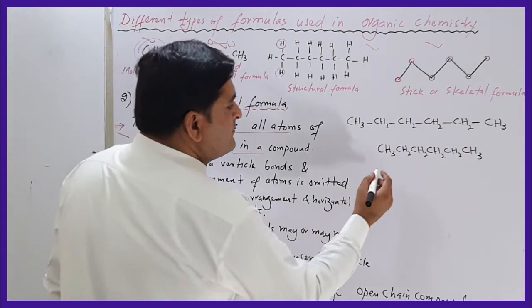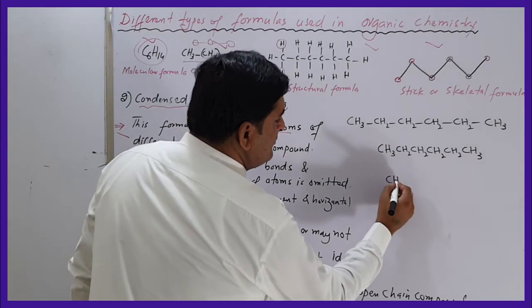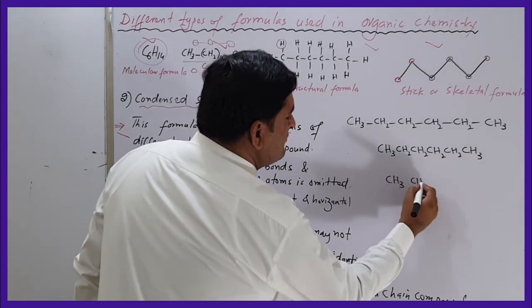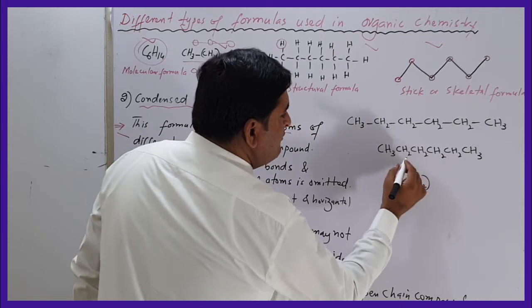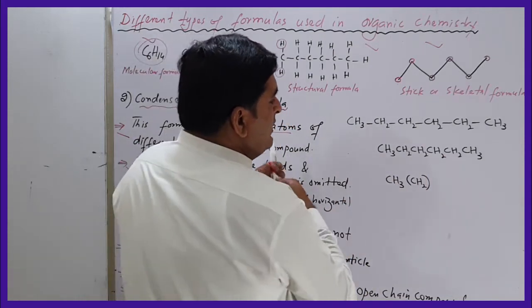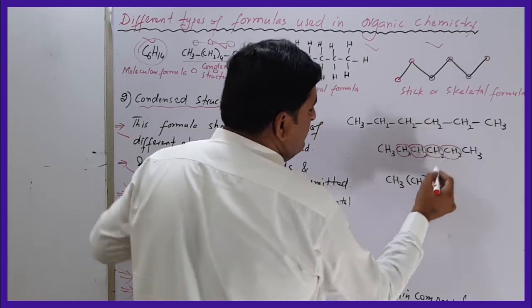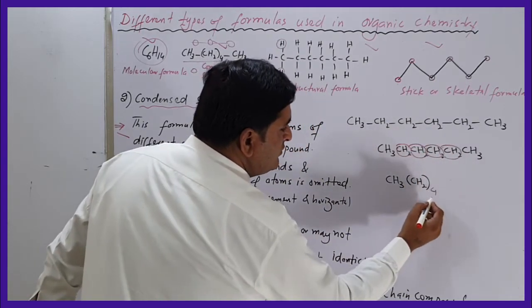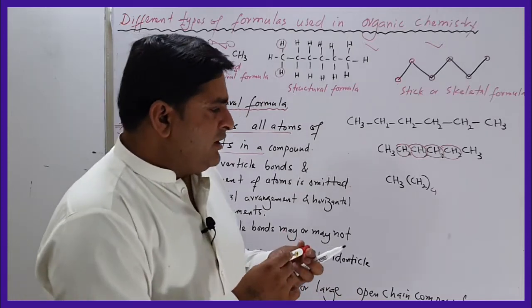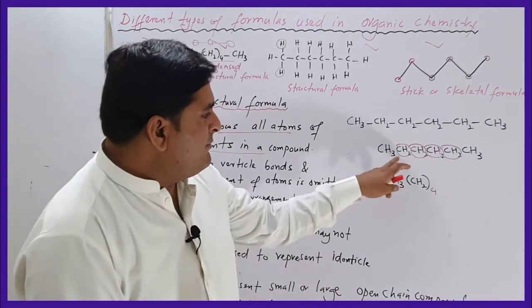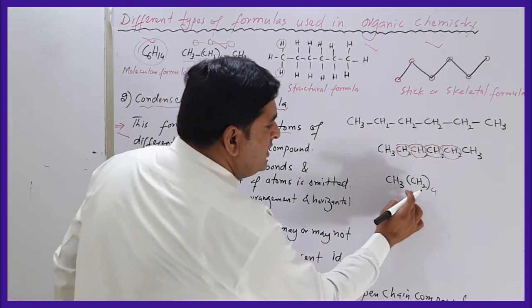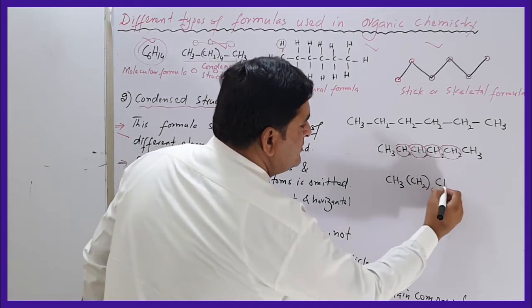Here we see CH3, and in between there are 4 identical polyatomic groups, so we use parentheses for these. To save time we may write CH3(CH2)4CH3.